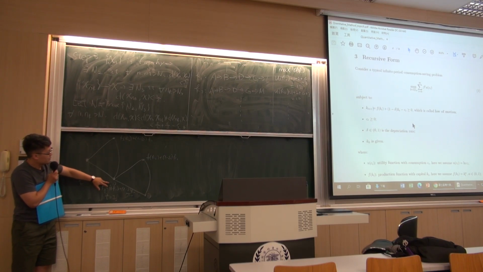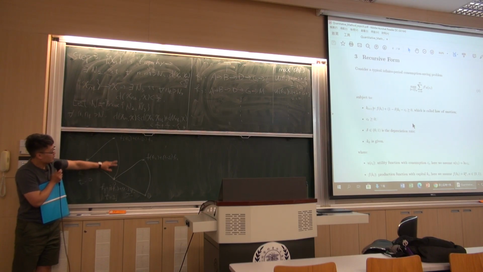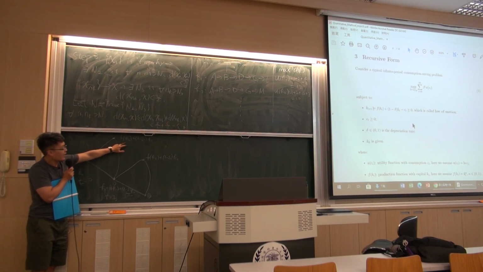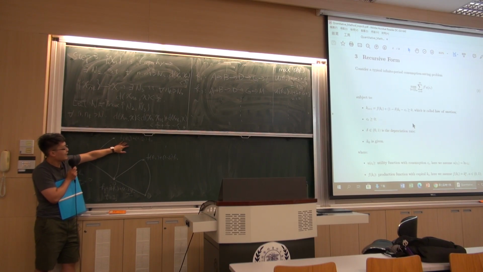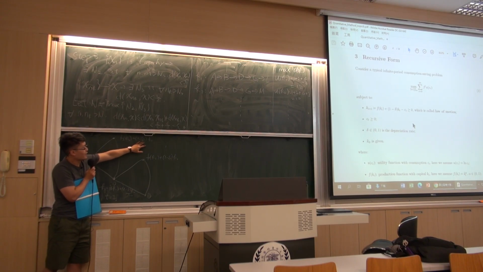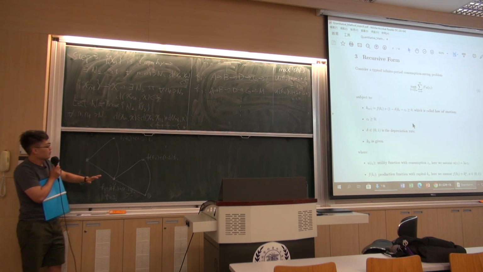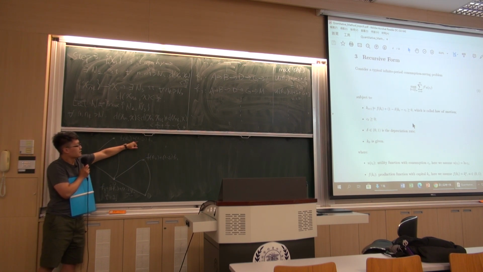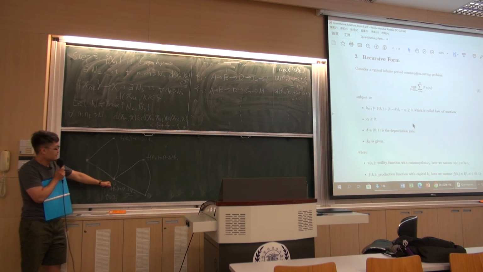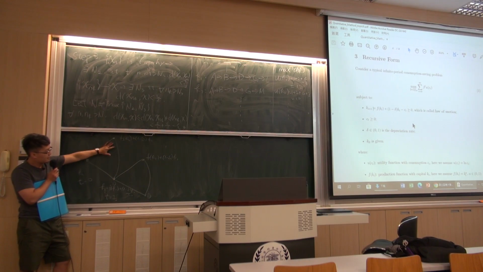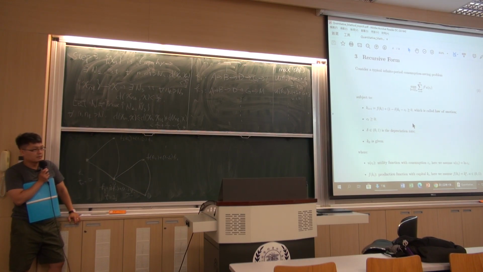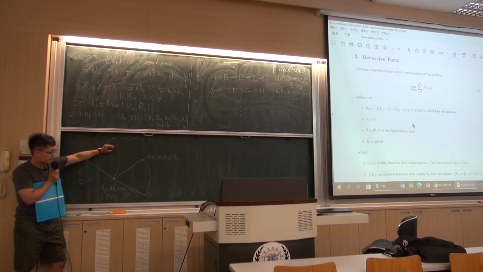You can choose from 0 to the maximum consumption you could have, which is that you consume all of it, which is f of k_0 plus 1 minus delta times k_0. Okay, so this is the maximum consumption you can have, and this is the 0 consumption. And you can choose any point in this interval, right? These are all the feasible set.